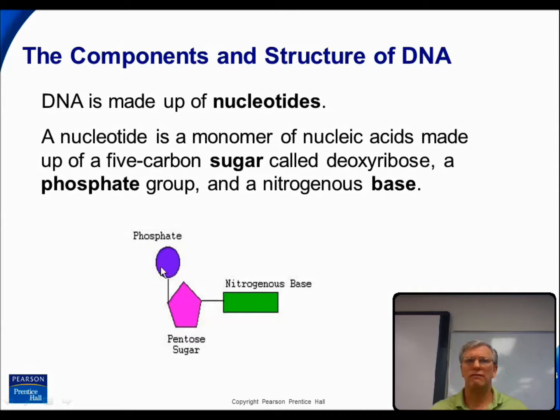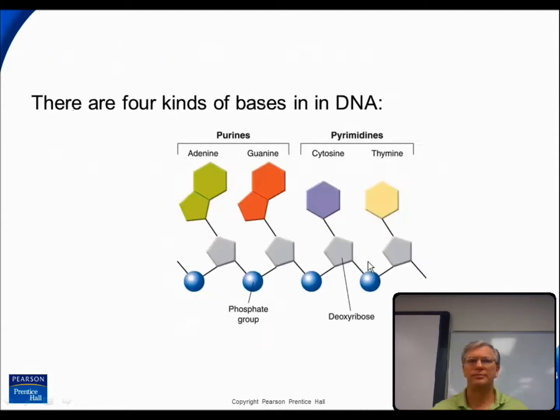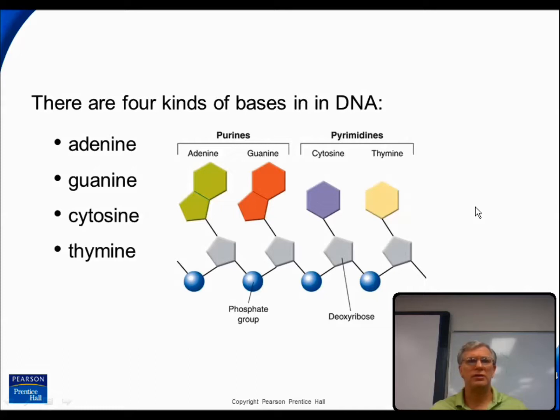So a sugar, a phosphate, and a base. Of those bases, there are 4 possible kinds in DNA: adenine, guanine, cytosine, or thymine, and we tend to just call them by their first initial. So A, G, C, and T.